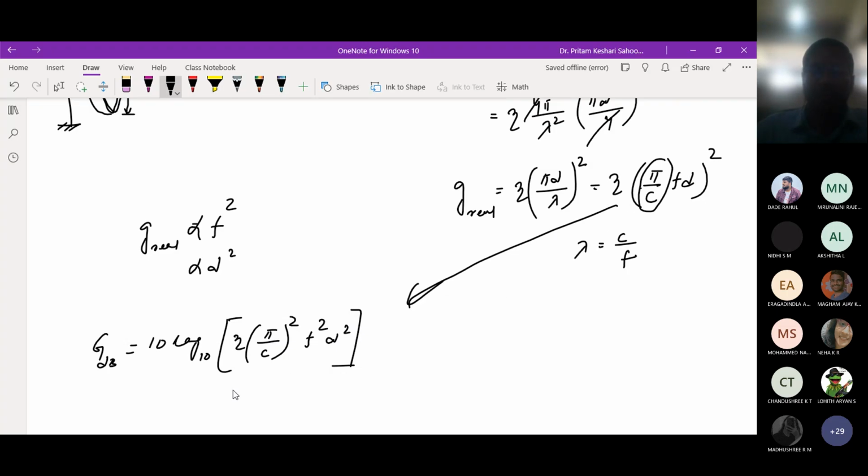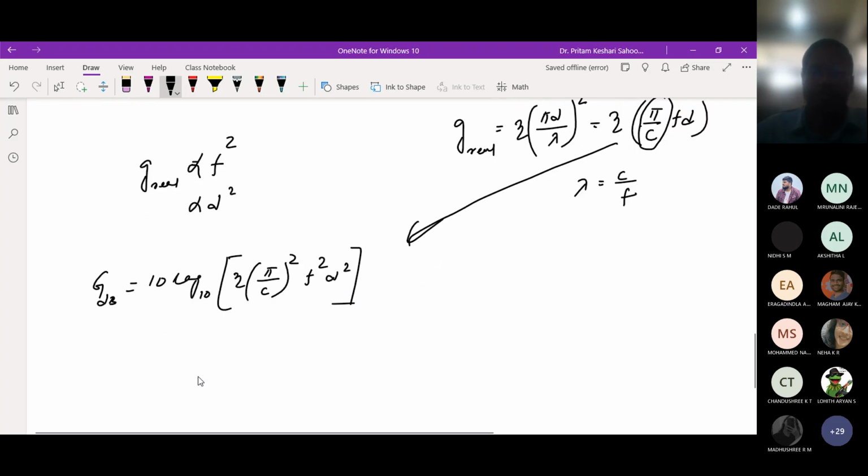This is a constant, so 10 log base 10 of pi by c square, plus 10 log base 10 of eta.